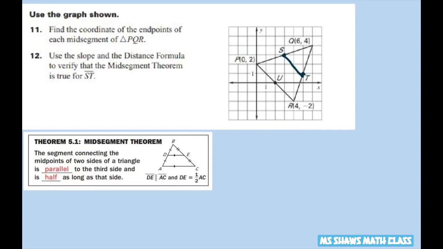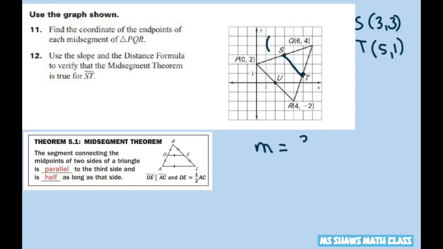We know S was 3, 3, so I'll put it here and call that S. And we know that T was 5, 1. So let's find the slope of that line. Let's just start with the 3.